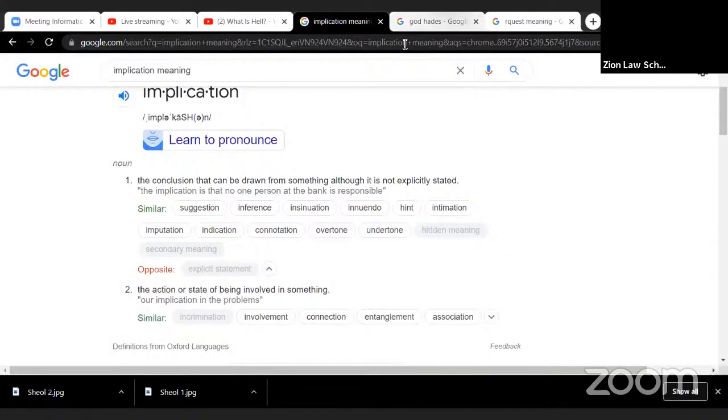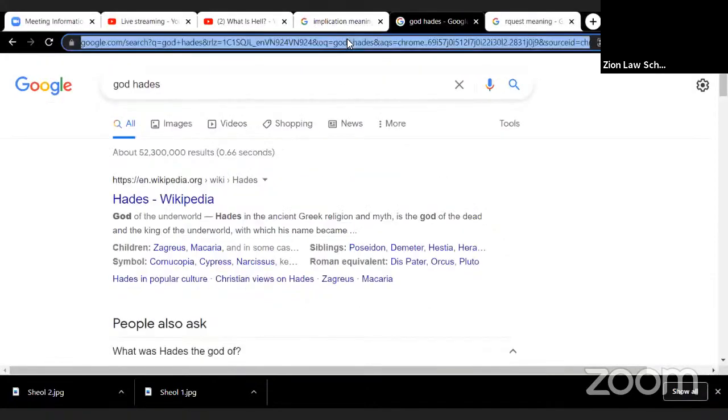So now I'm going to read from Strong's number 7592. It reads, a primitive root to inquire. So we looked up inquire, and let's do it again. Let's look up inquire.